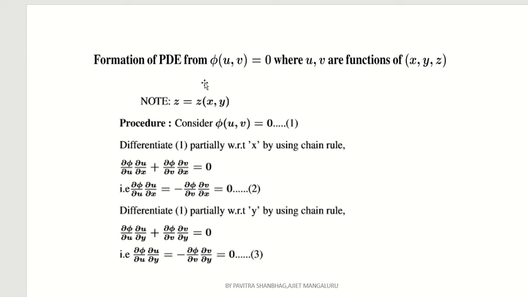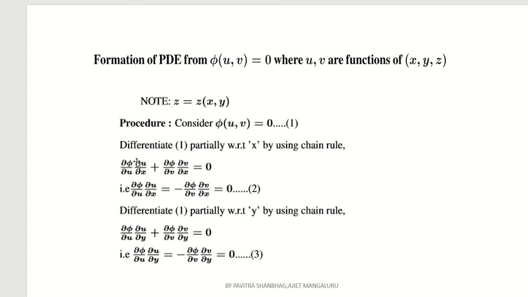Now first consider phi of u, v equal to 0. First you have to remove phi. How to remove phi? First we have to differentiate the given relation partially with respect to x by using the chain rule. That is, phi is a function of u, v, and u, v are functions of x, y here.